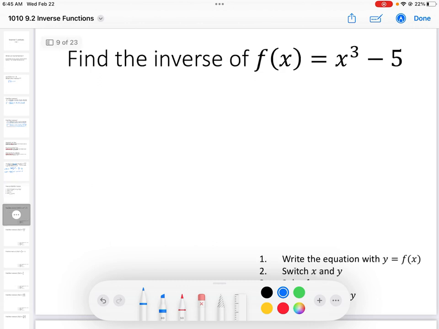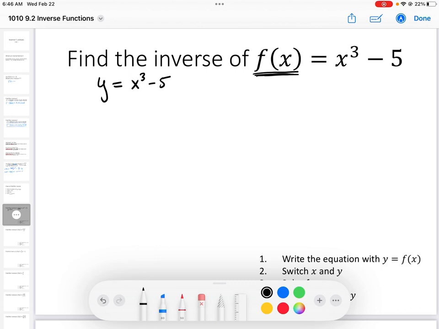So for example, if we were asked to find the inverse of the function that cubes a number and then subtracts 5, my first step would be to write this function rule where the output of the function is replaced with a y. So I'm going to write this as y equals x cubed minus 5. Again, that's just because we usually graph the outputs on the y-axis. Then I'm going to switch the x and the y.